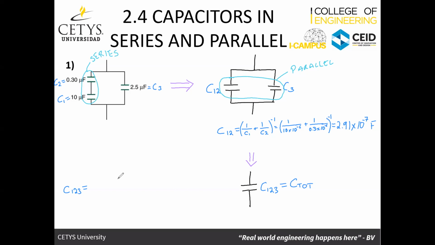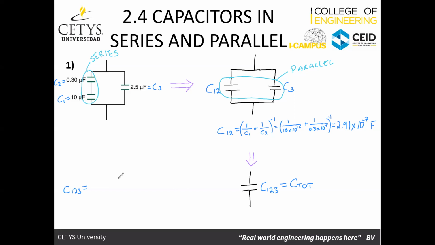And then elevated to the -1, that's why we should get. So whenever we're doing calculations of capacitance or charge, we should be in the range of micros or nanos. We should be to the -7, -6, -9. Those are normal values. So just to double check that, and we can actually check that in a moment.